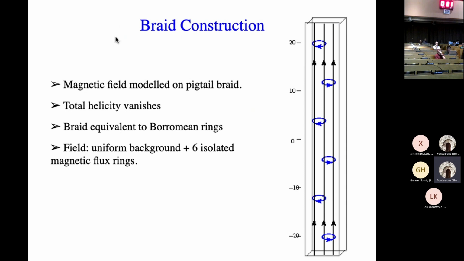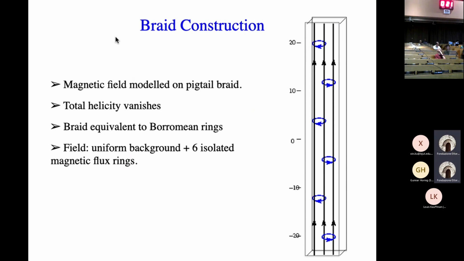And so we try to test this in simulations, and for that we set up magnetic braids. We did this in the following way. We used a long box. We put in a background magnetic field, a homogeneous field, and then we superimposed on that background magnetic field regions of twist. These are indicated here by these blue loops.